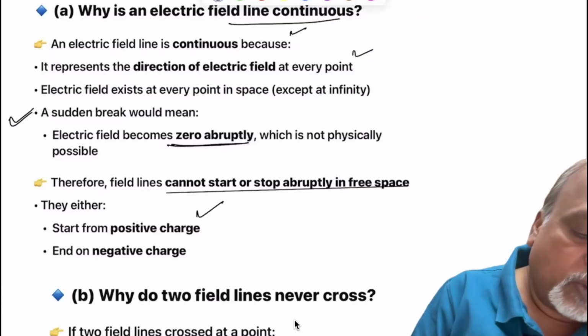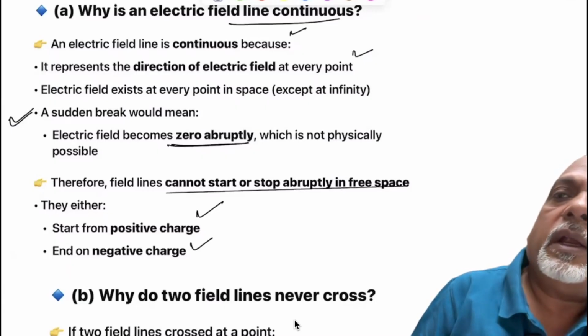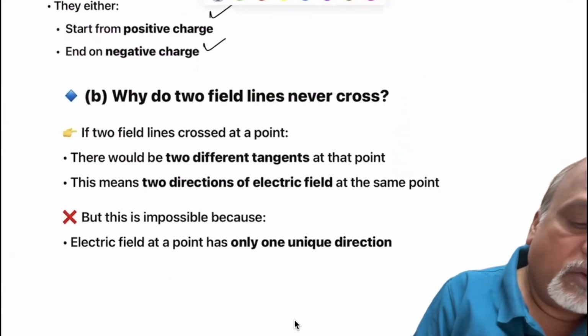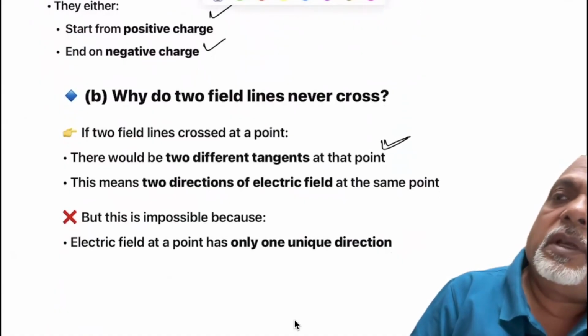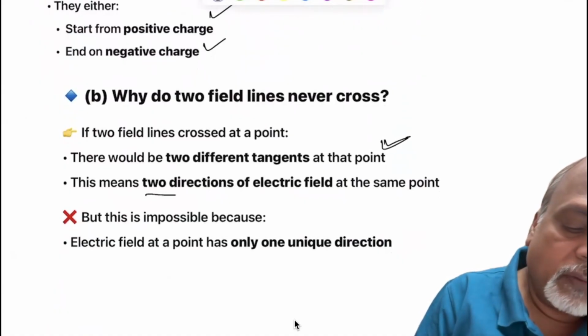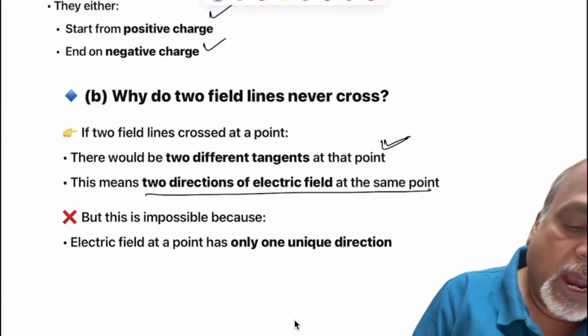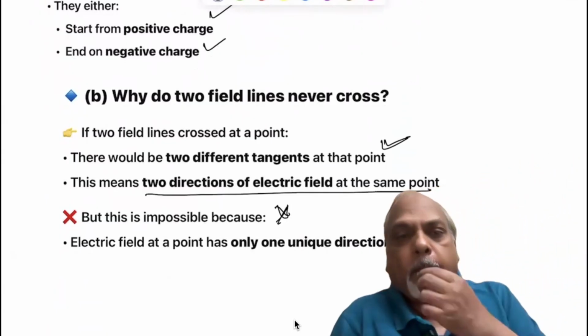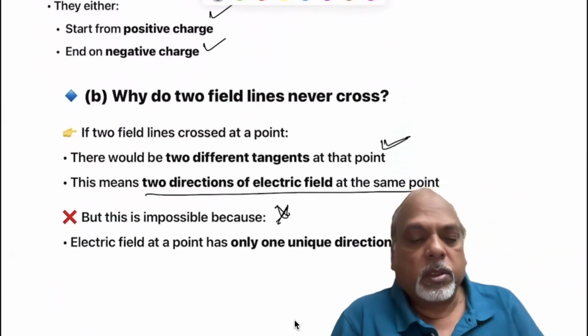They start from the positive charge and end on the negative charge. Why can they not cross? Because they would have two tangents, two directions of electric field at the same point, and that is not possible. That's why two field lines cannot cross.